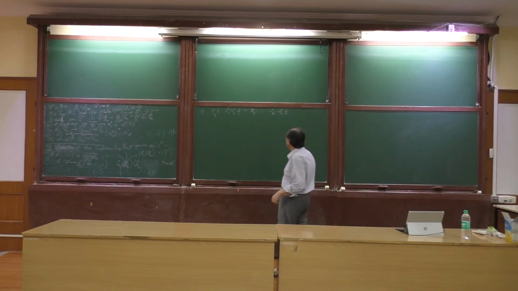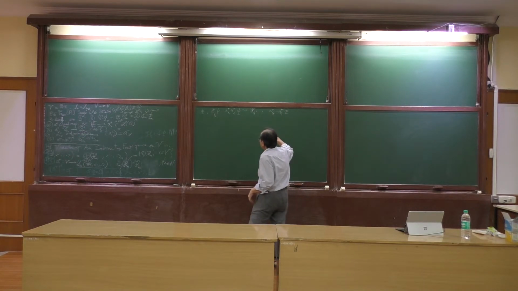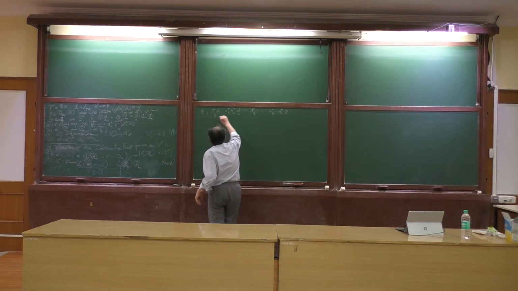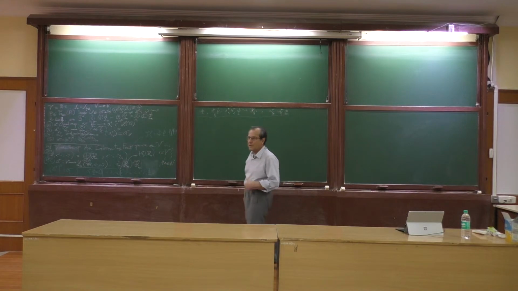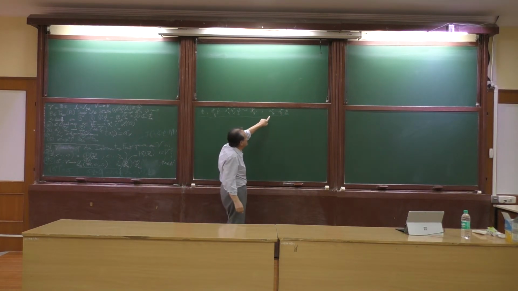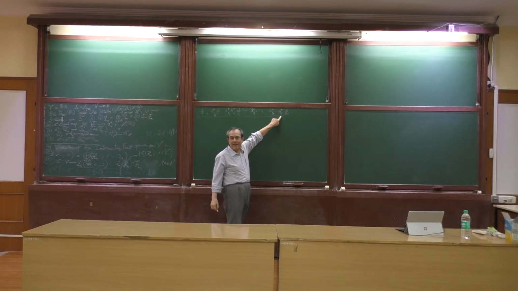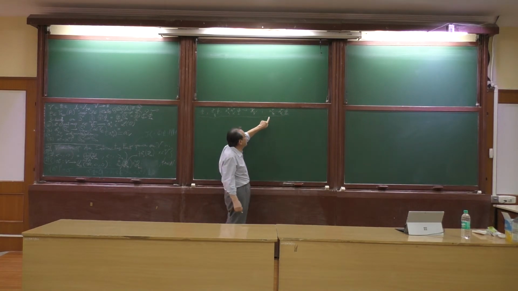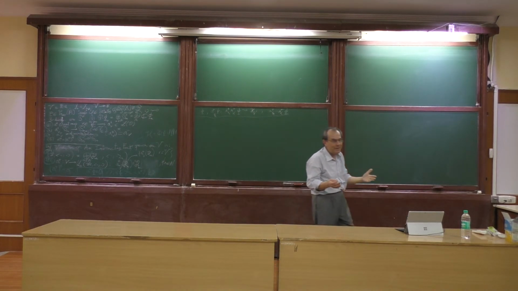Now, this is an important point, because this gives you the idea. You see, if you consider this expression as a function of V1, ..., Vn, this is a multilinear function.